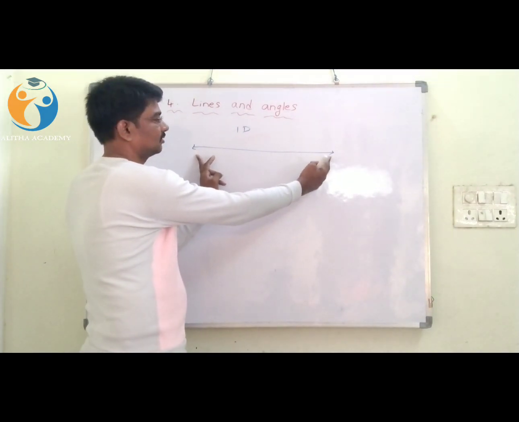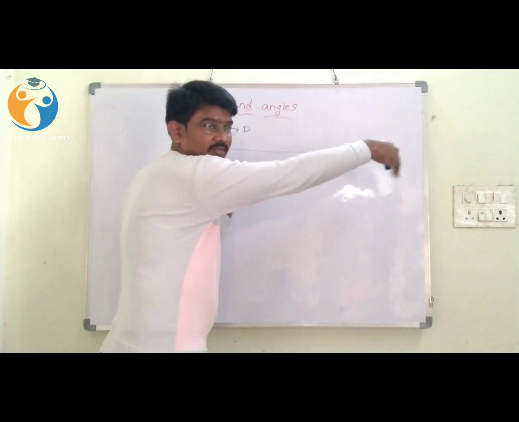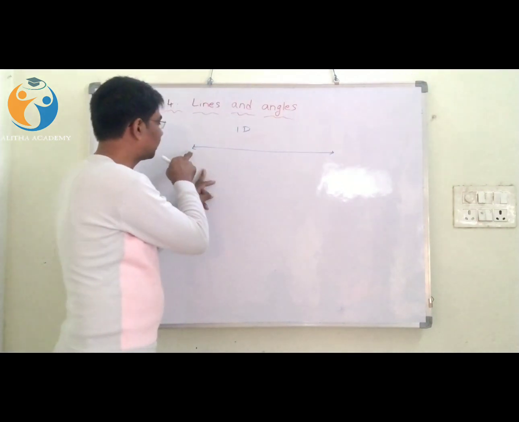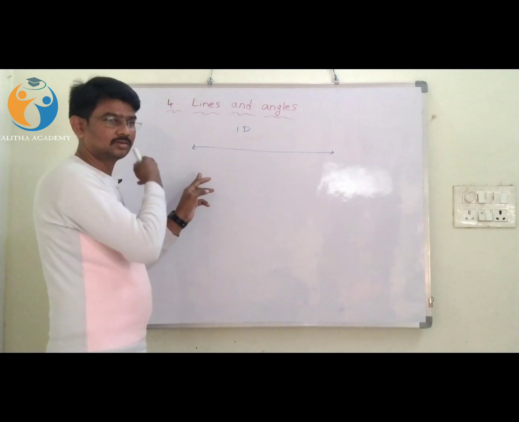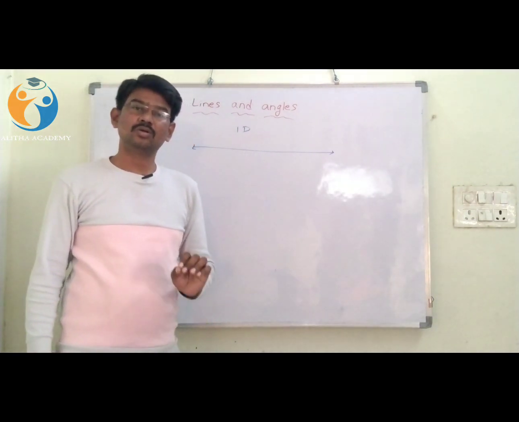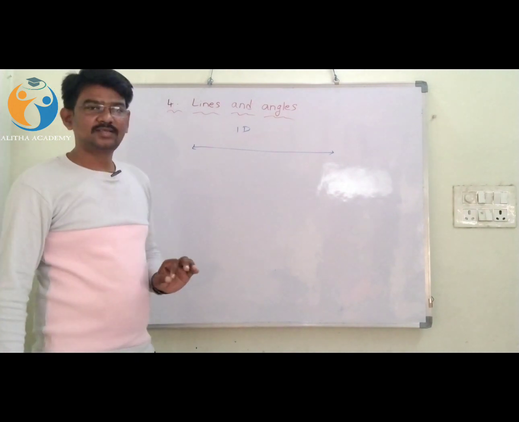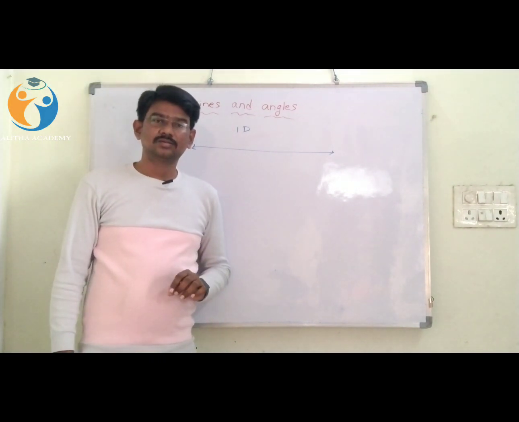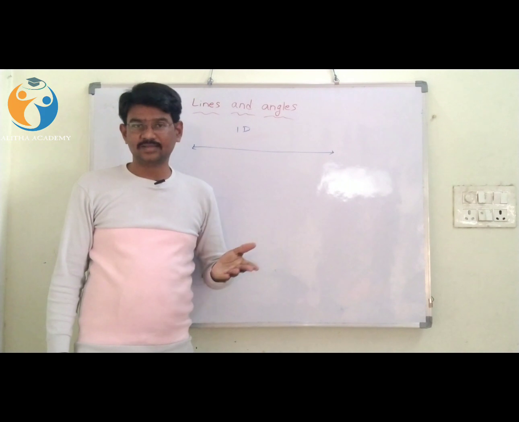Look at the ends here. Here the arrow means it goes on. Arrow means goes on, so no ends. A line has no ends. At the same time, there are some kinds of lines.